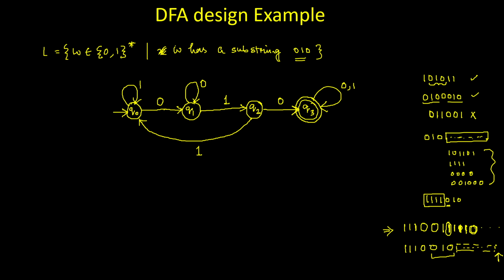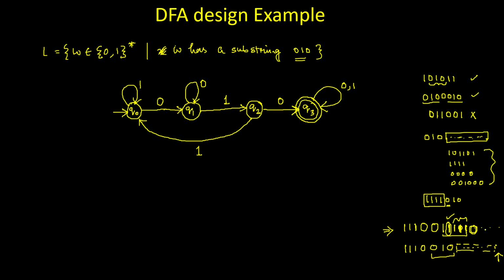And you see, if I have any number of 1s, say up to 4 1s, because of this particular 1 I will go to Q0, and for the other 3 1s I will remain in Q0. Then when I get this 0, I will come to Q1.